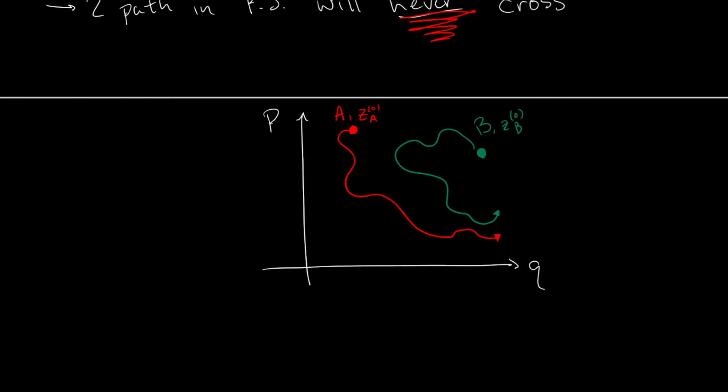And this is actually fairly simple to see why. We'll consider the contrary. We'll consider what happens if I have some system here that goes like this, and then another system which does cross over the first one. Okay?